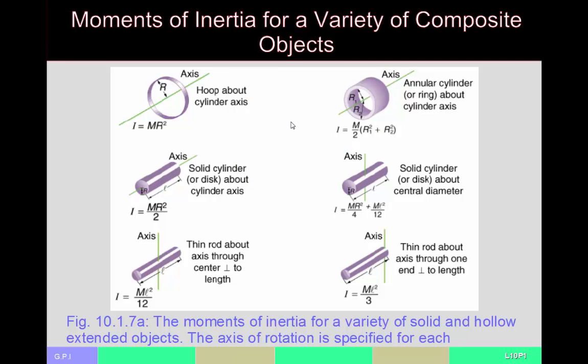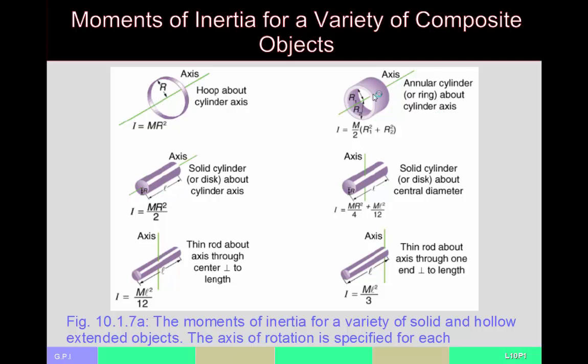So I went ahead and put the moments of inertia for quite a few composite objects, given this green line in each case represents the axis of rotation. For example, if you have a hoop, which is the same thing as a very thin ring, then you get I equals m r squared. The mass is m.